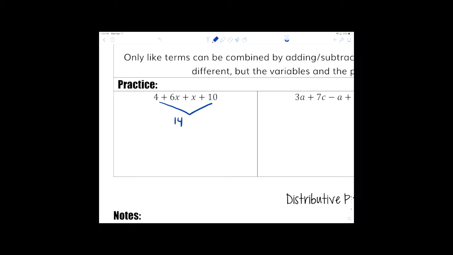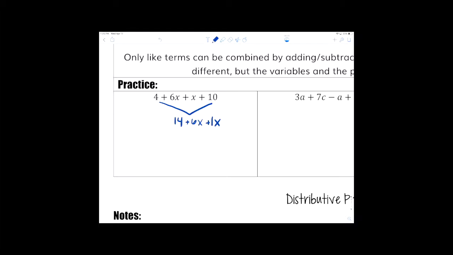So now I have 14 plus 6x plus x. Do I have anything else that I can combine? I can combine those terms with the x's in there, because those are like terms.